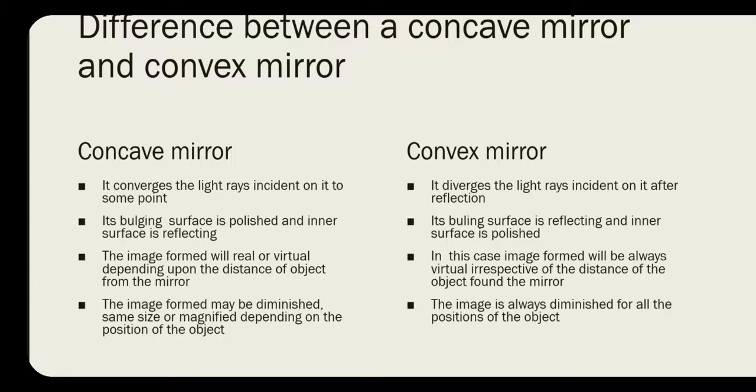The image formed may be diminished, same size, or magnified depending upon the position of the object. What type of image? Diminished, same size, magnified depending upon the position of the object. The image is always diminished at all positions of the object.